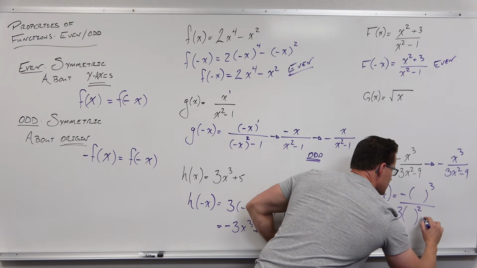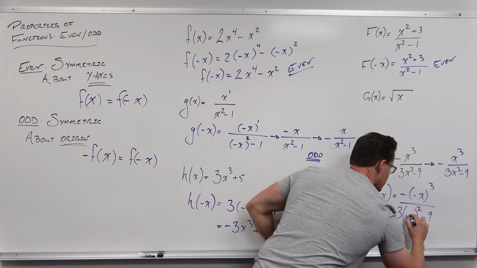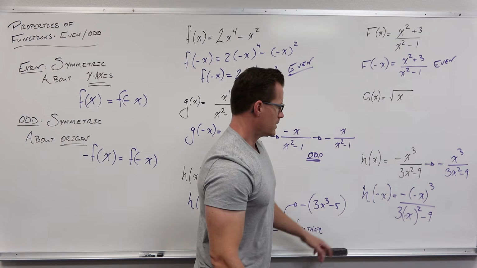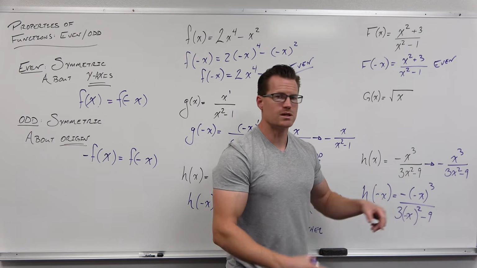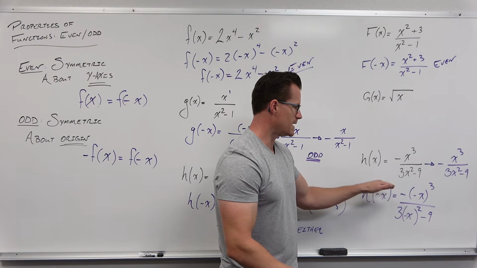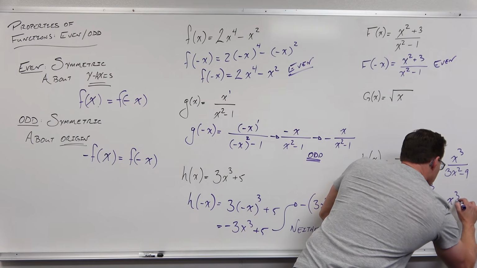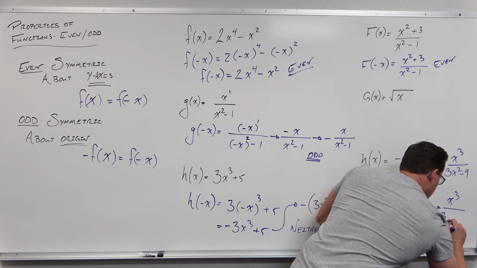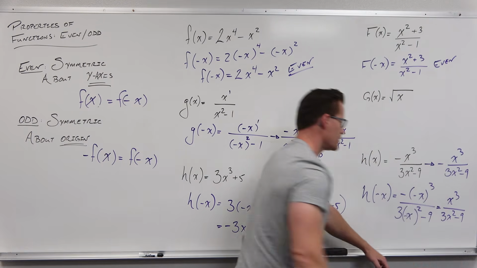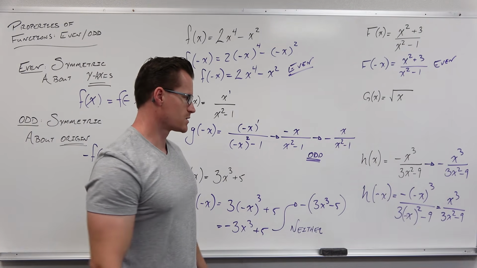I'm plugging in opposite inputs. I know that negative x cubed is negative x cubed, but then that negative is going to give me positive x cubed. This would be positive 3x squared because even powers always make that positive for you.